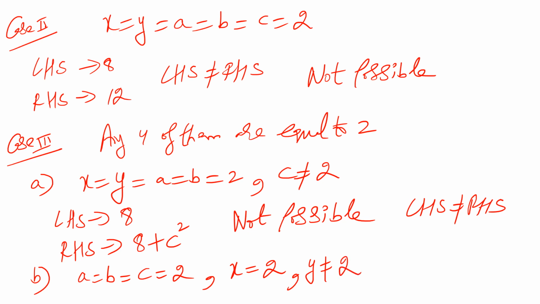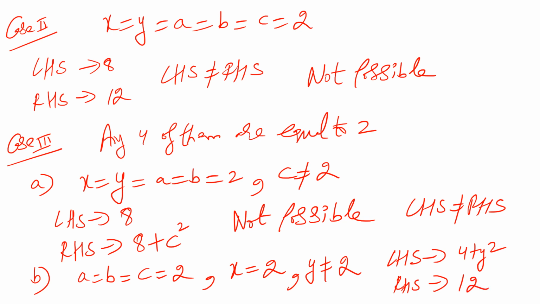That means if you are taking x as 2, then y should not be equal to 2. Or if you are taking y as 2, then x must not be equal to 2. Now here LHS becomes how much? It is 4 plus y square, and RHS is going to be equal to 12.